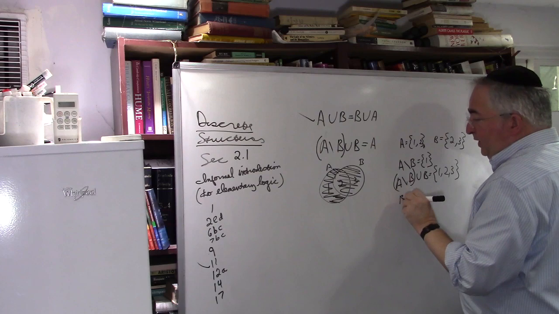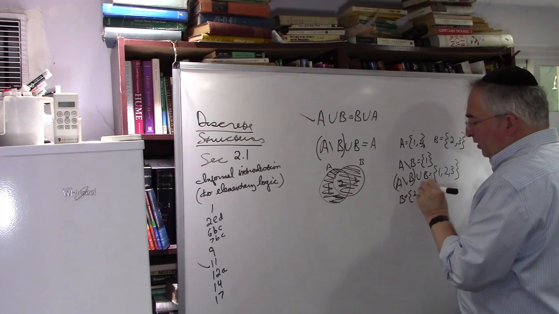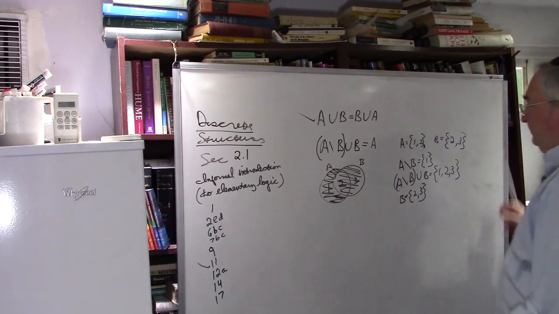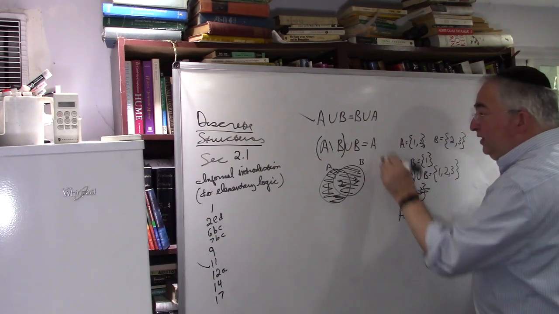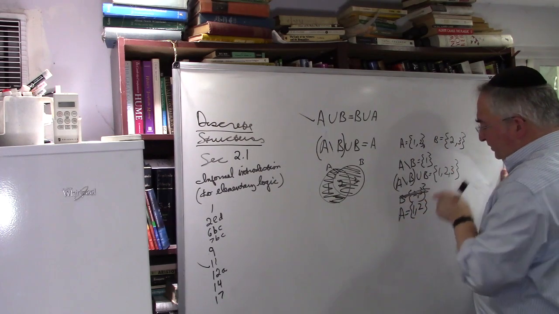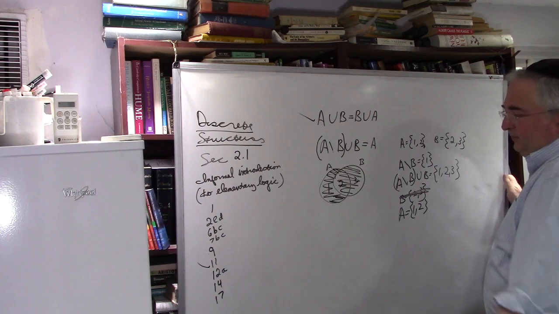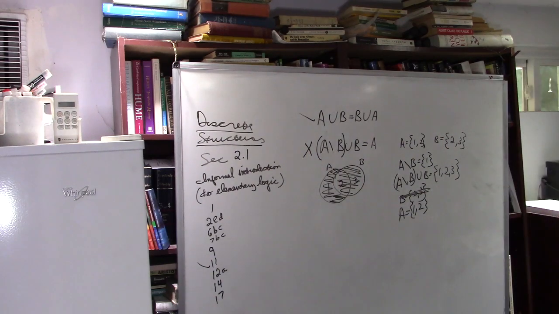Okay, and A is equal to 1, 2. This set is not equal to this set. So this is not true.